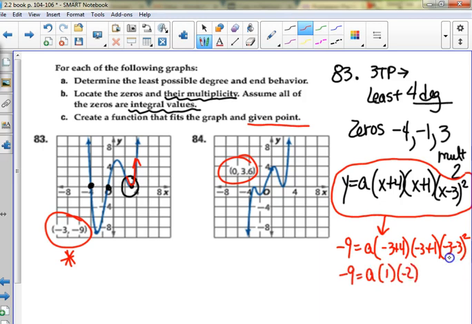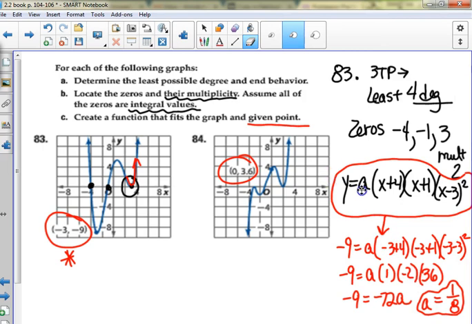What happens back here? -3 minus 3 is -6, squared should become +36. We good? So I get -9 equals -72A, which when you divide, A will be 9/72, which is 1/8. Everybody okay? I would take 0.125, which is equivalent. All right, so final answer, we just have to go back and slide that number in there, right? And we're done.